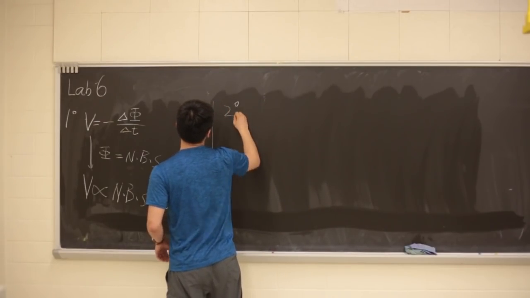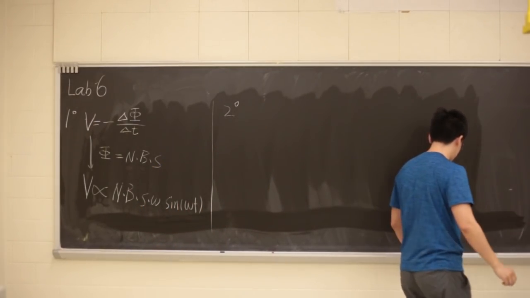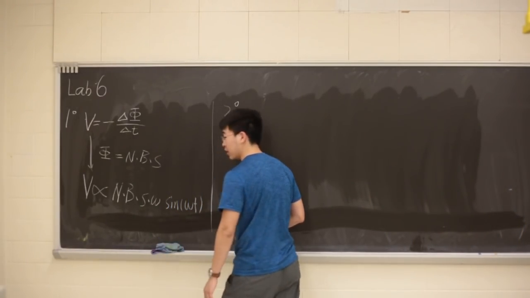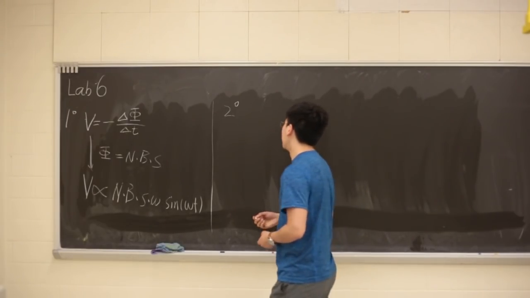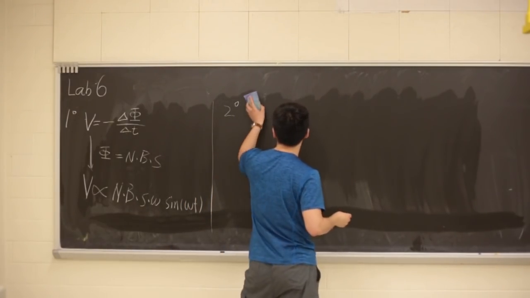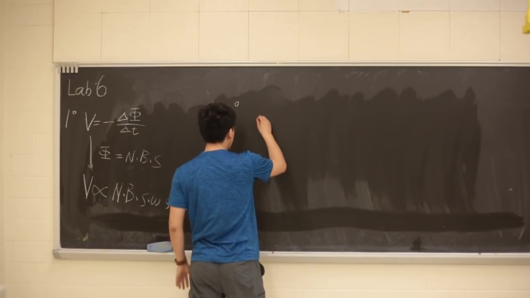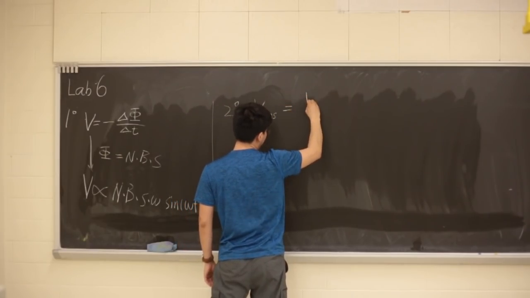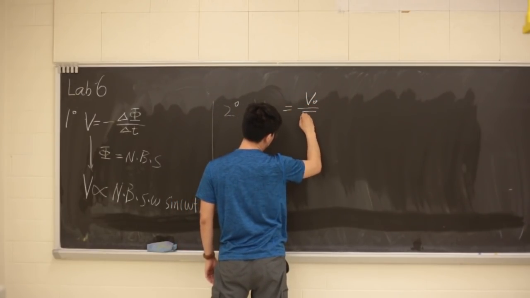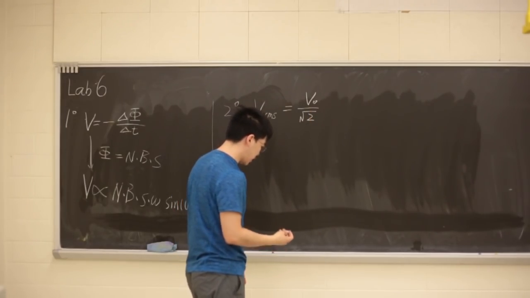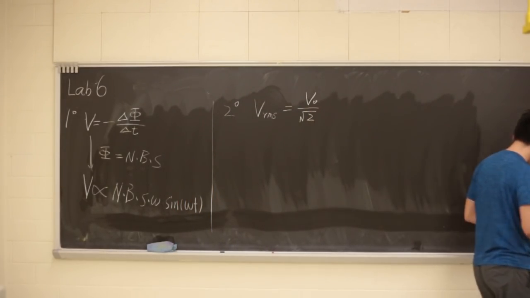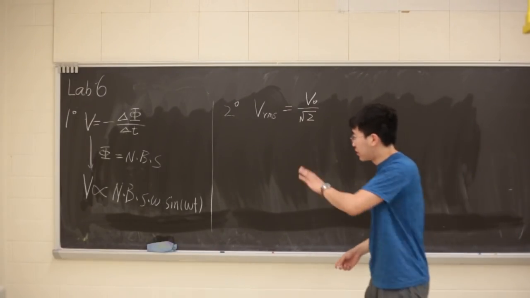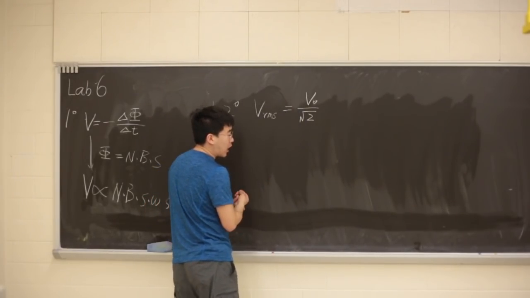Anyway, the second concept, I think, requires a little bit more understanding, because it relates to our daily life: V RMS, root mean square, is V naught over square root 2. The detail of that relates to calculus, which I explained in the video as well, the concept of average power.